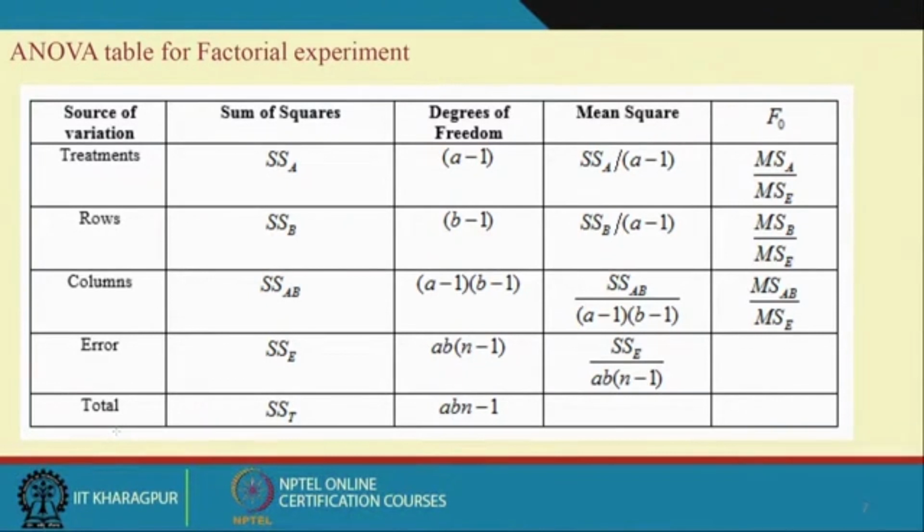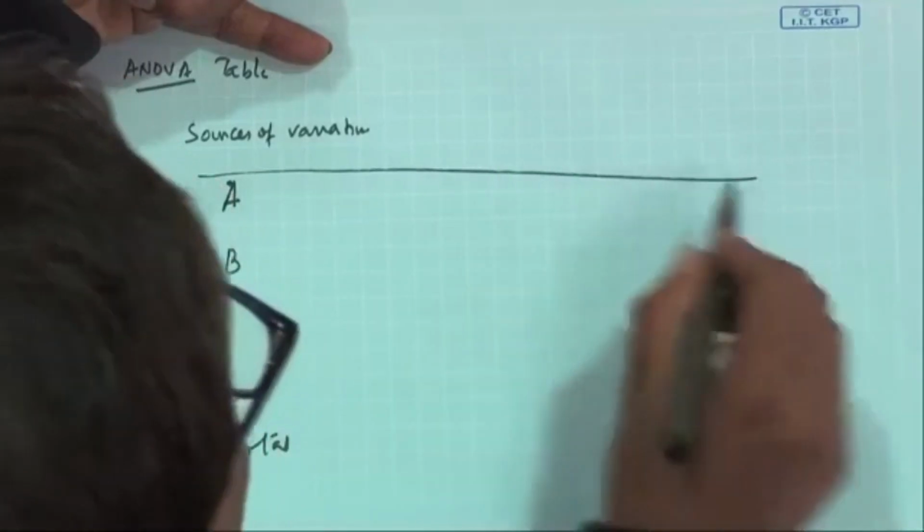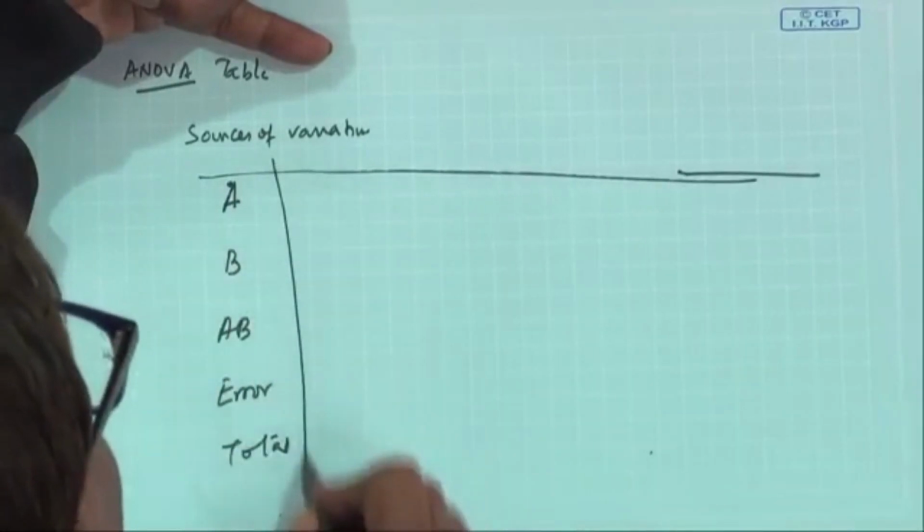Here we have written rows and columns, but it should be treatment A, treatment B, and interaction AB. Anyway, I am writing it here again.